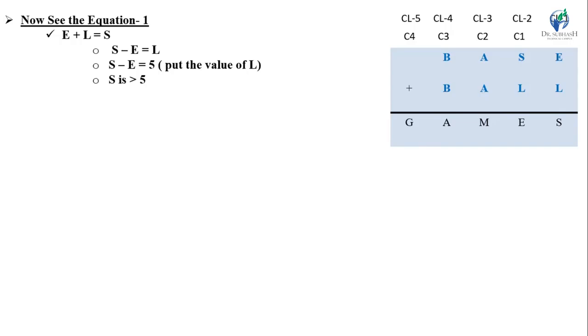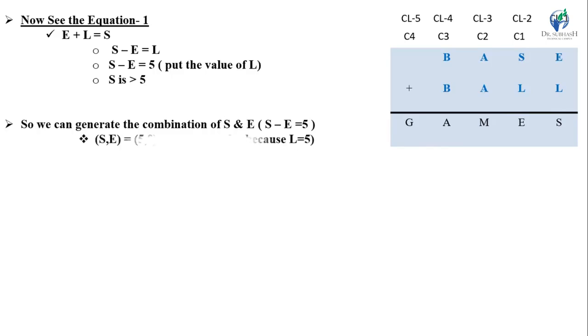Now we generate the combinations of S and E values with the help of the equation S minus E is equal to 5. First, S and E as 5, 0 is not possible because L is equal to 5.